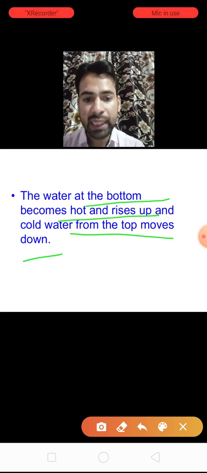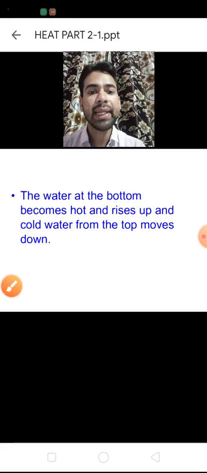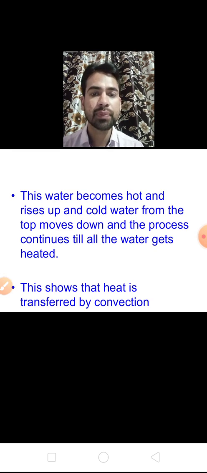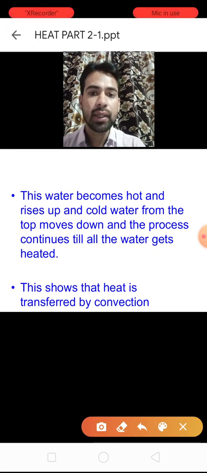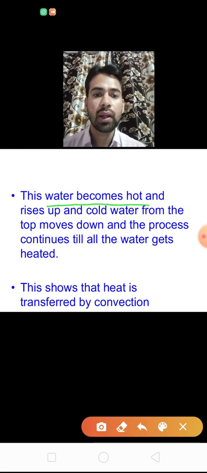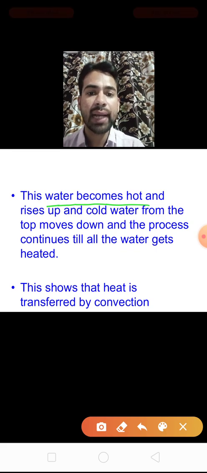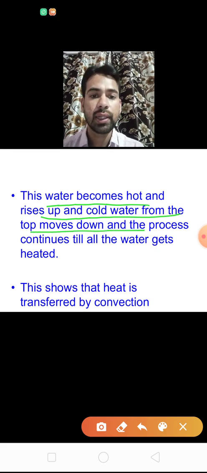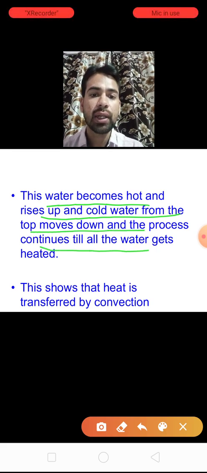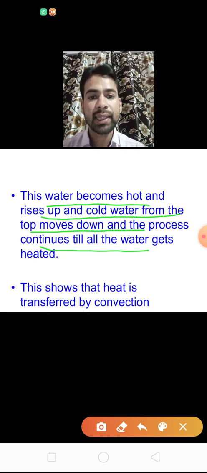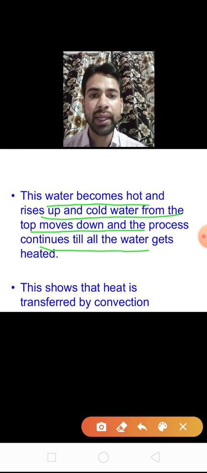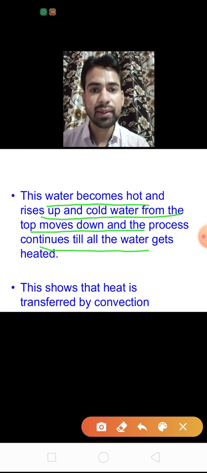This activity proves that heat is transferred from the hotter region to the colder region in liquids. See here the next point. This water becomes hot and rises up, and cold water from the top moves down, and the process continues till all the water gets heated. This shows that heat is transferred by convection. Clear?